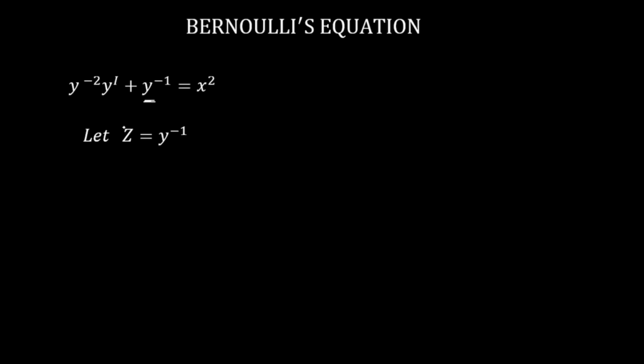When you make z equal to this, the next step is to differentiate it. Differentiating, z prime is negative, and y gives negative 1 minus 1, which is y exponent negative 2, times y prime.